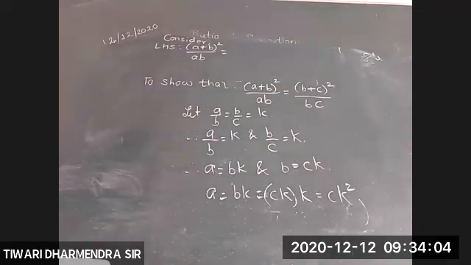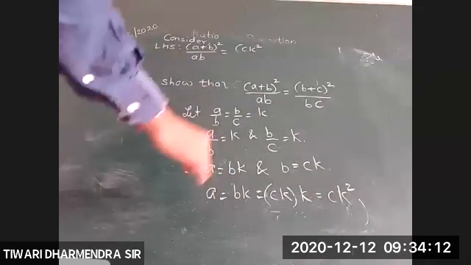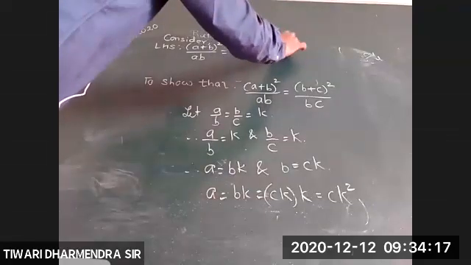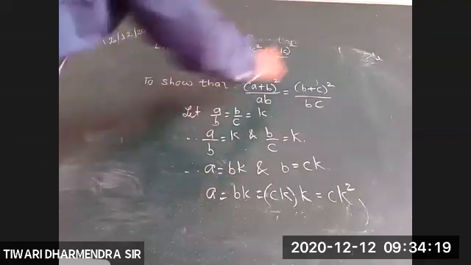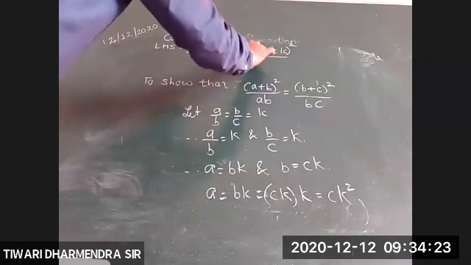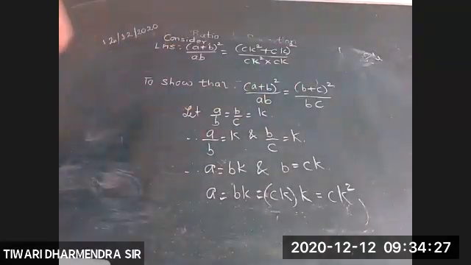Just substitute the values as we know the value of A as well as B. That is, value of A is CK square plus value of B is CK, the whole square, divided by CK square into CK.